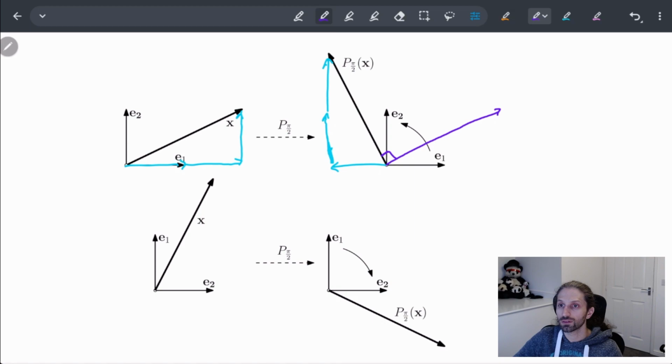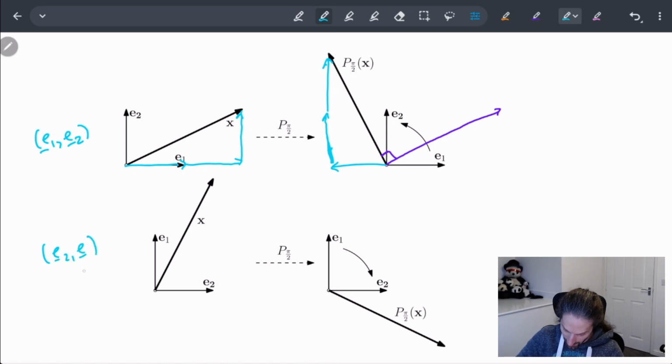So this is one choice of basis. On the bottom here, I have a second choice of basis, and we'll talk about this in a minute. Here I have my E1 pointing north and my E2 to the east, so I've now changed the order. So this is the basis E1, E2, and this is E2, E1.